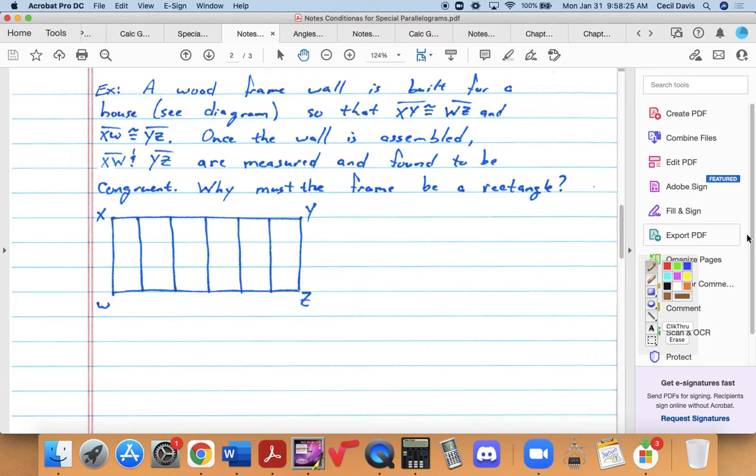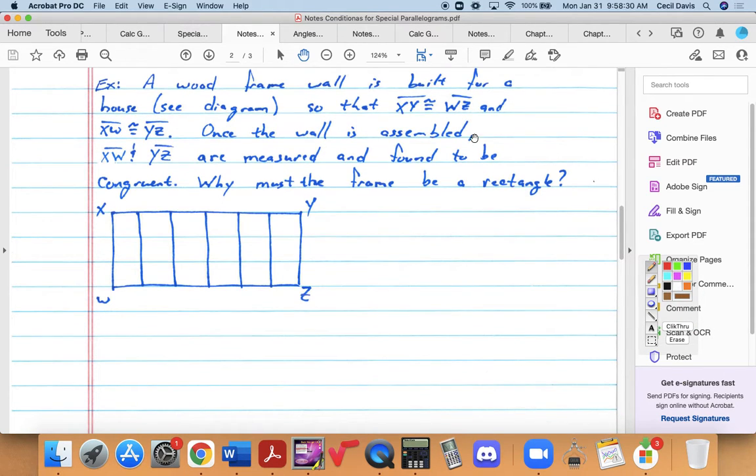Well, what do we know first? This first part where it tells us these 2 sides are congruent, XY and WZ, and XW is congruent to YZ. What does that tell you about this? When both pairs of opposite sides of a quadrilateral are congruent, it's got to be a parallelogram.